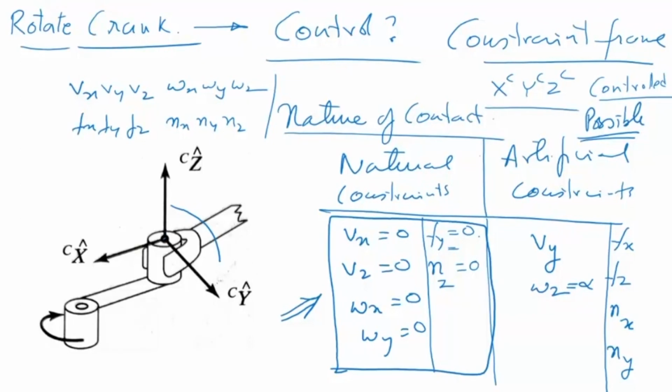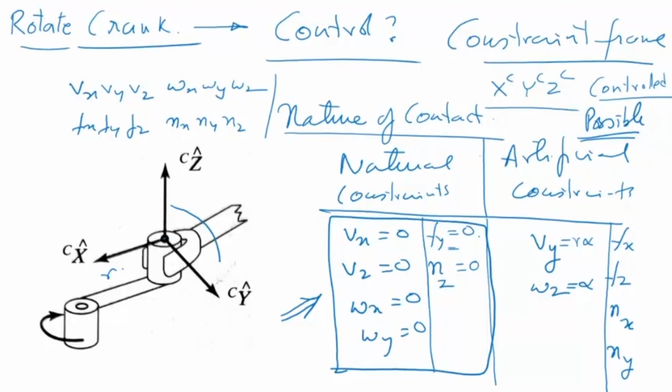And if you put omega z is equal to alpha, this will become r into alpha, right? Where is r? R is this one. So this basically means that to perform this task, you need an angular velocity and a linear velocity. Angular velocity about z-axis, linear velocity about y-axis. And that is how you're going to perform this task to rotate this crank.